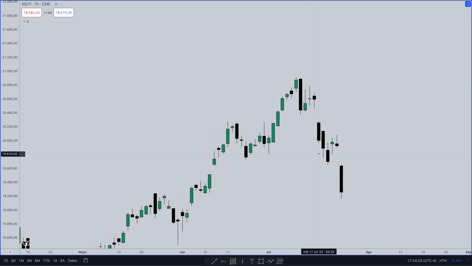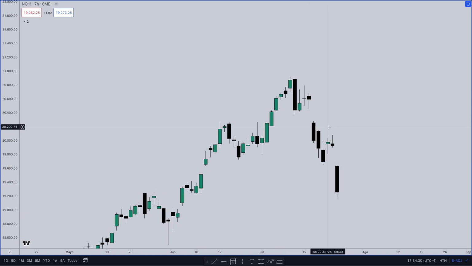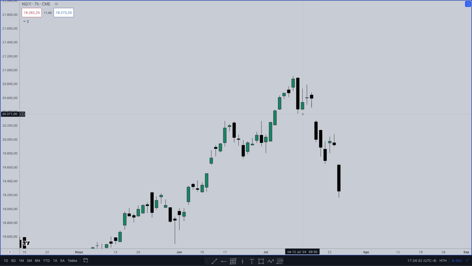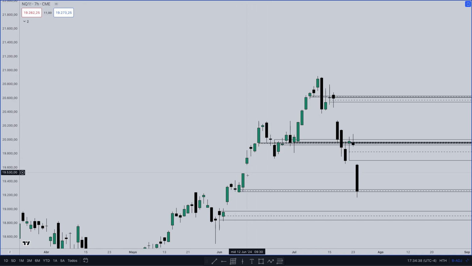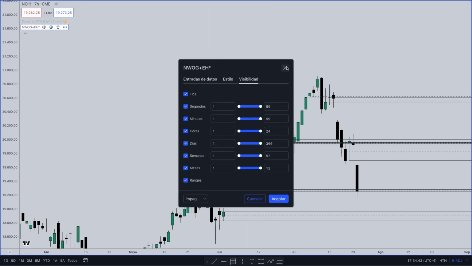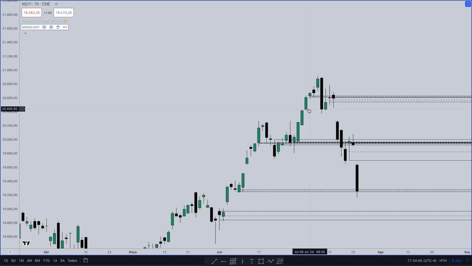But why is it important? For example, I want to talk about this. This is a new week opening gap indicator, but because we are on regular trading hours, it will plot your Monday gap for every week.